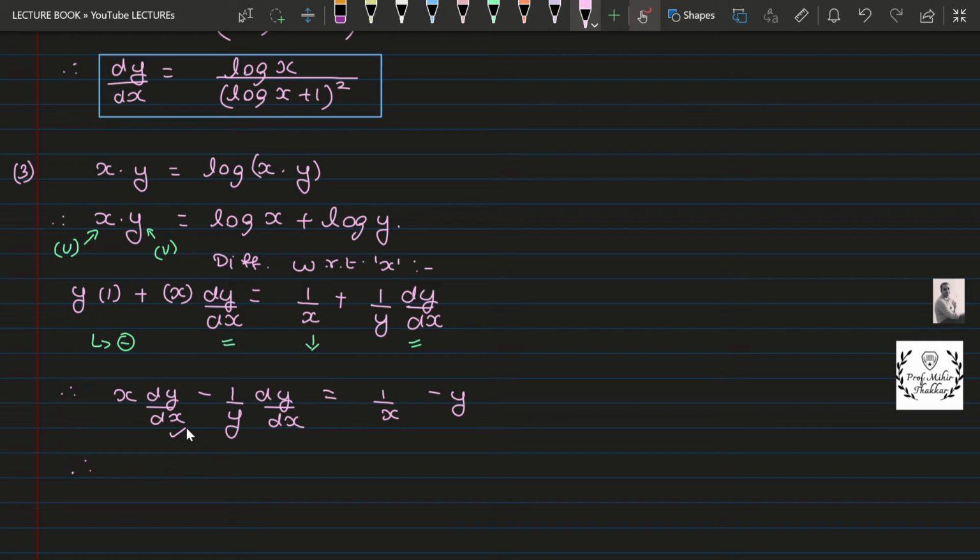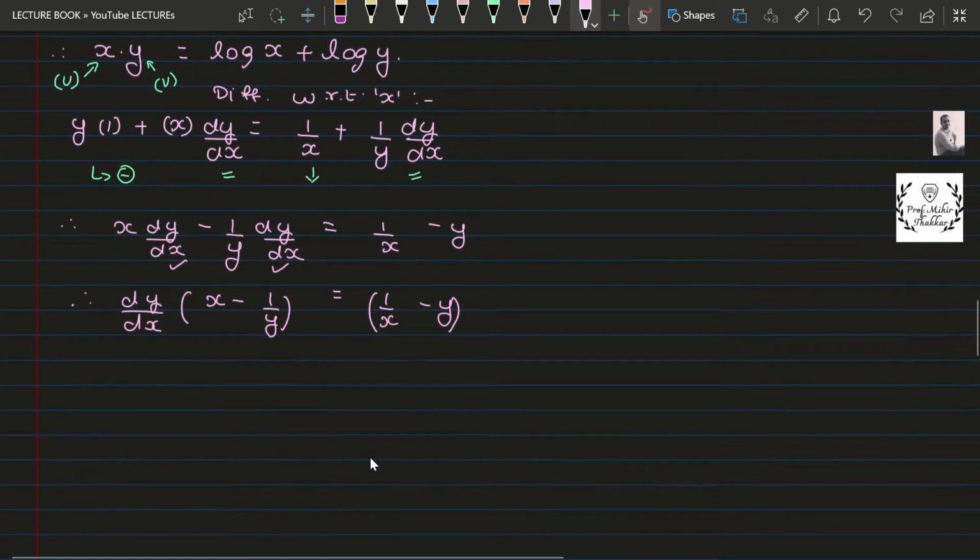Now I will take out this dy by dx common from both the terms. So when I get dy by dx common, I get inside my bracket x minus 1 by y is equal to 1 by x minus y.